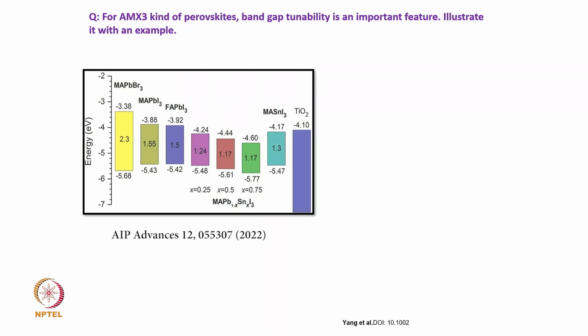So, now you can see how this band gap varies. So, let me take the first example which is MAPbBr3, MA methyl ammonium, and lead and bromine. So, if you look at this particular perovskite material, its band gap is 2.3 electron volt.